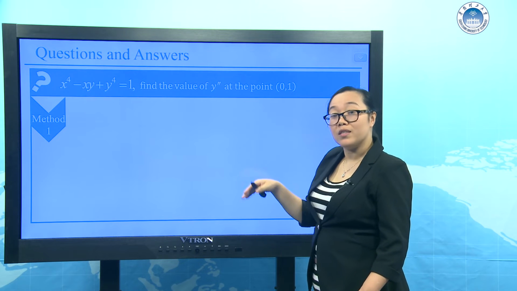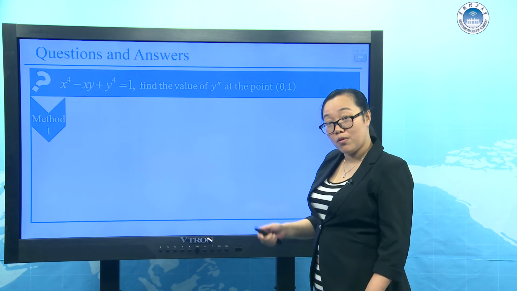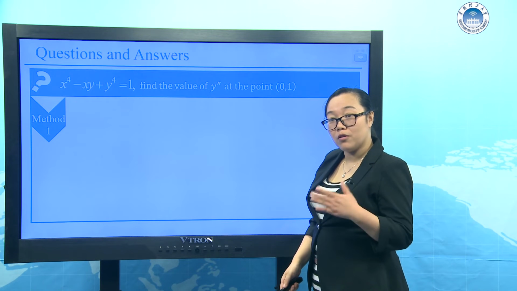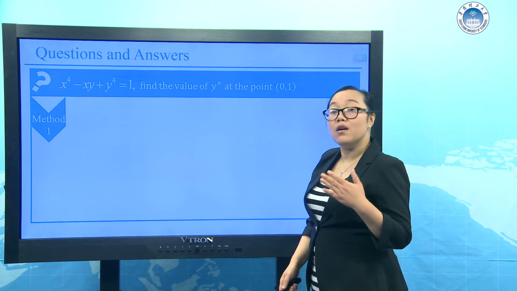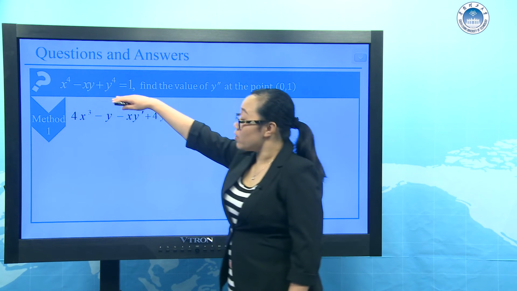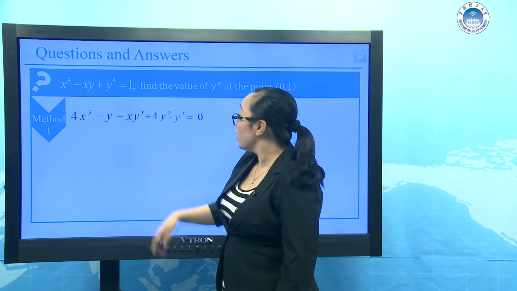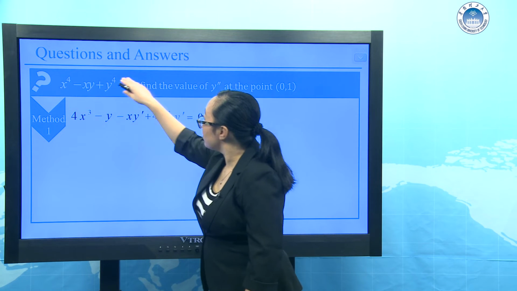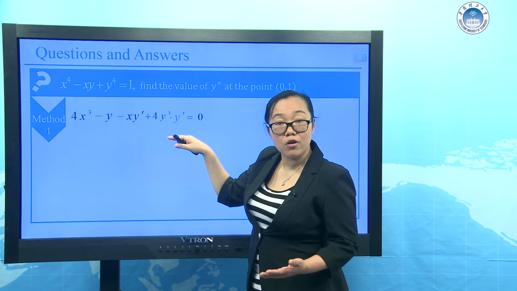Do you remember the high order derivative step by step? The first step, we can get the first derivative of y. So we can do this. Do the same computation, derivation on both sides about variable x.